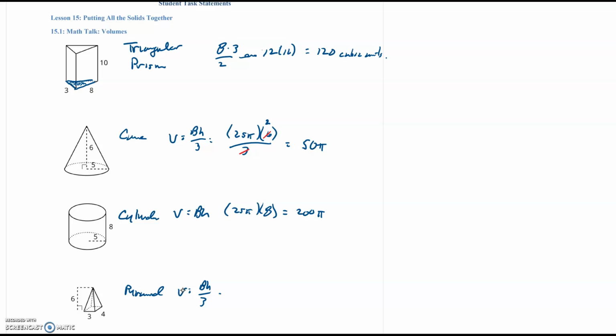So in my mind, I'm thinking 12 times 6, but I have to divide that all by 3. Same thing here. I recognize that this factor of 3 on the bottom will cancel with a factor of 3 in the 6 and turn that 6 into a 2. 12 times 2, 24 cubic units.